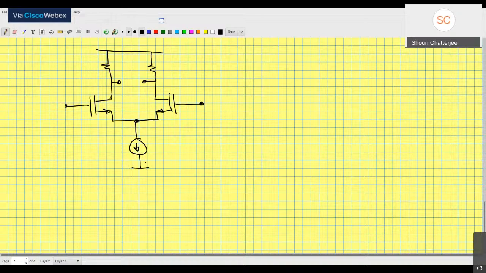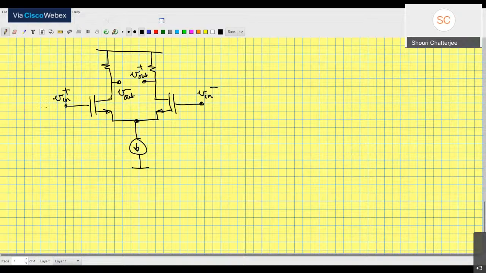Okay, so this is my circuit. So you apply a common mode input when both V in plus and V in minus are the same.